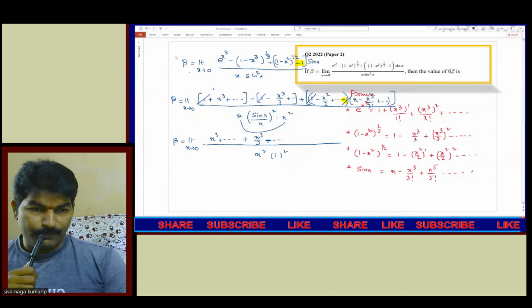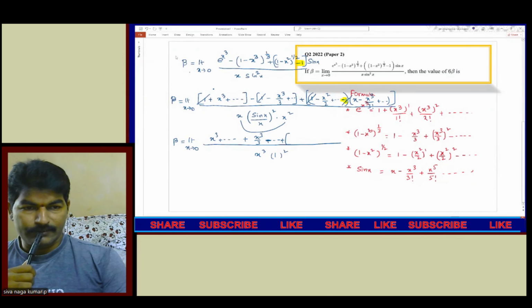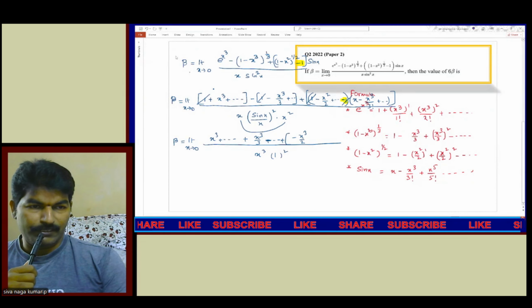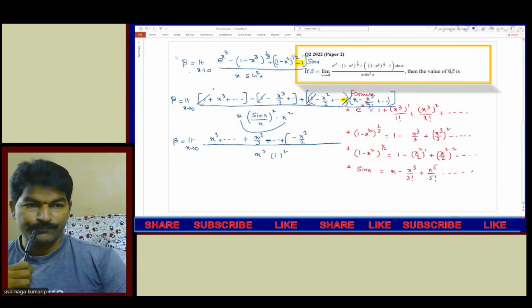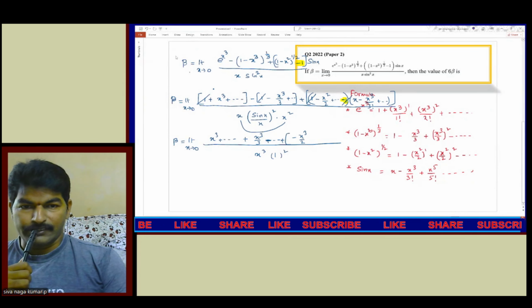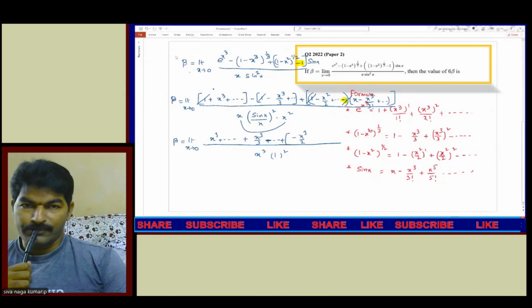And then we should multiply the bracket, plus after the bracket, x into minus x square by 2, minus x cube by 2. The remaining terms are not needed because the denominator only contains x cube. If you substitute x tends to 0 in those, automatically they will be zeros. So that's why we are not mentioning those terms.